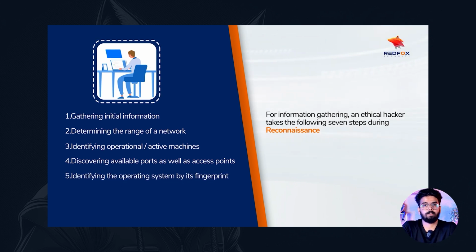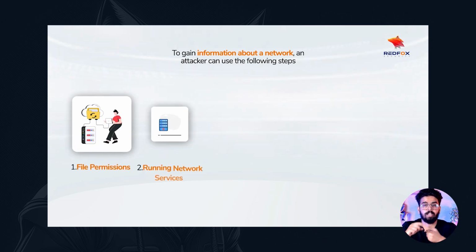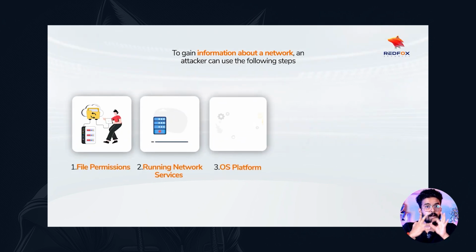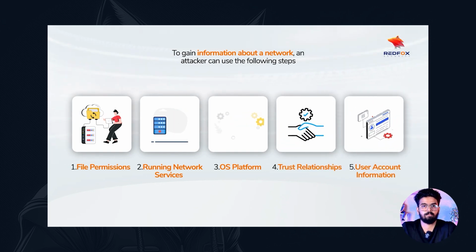Identifying the operating system by its fingerprint, locating services on ports. To gain information about a network, an attacker can use the following steps: file permissions, running network services, OS platform, trust relationships, user account information.